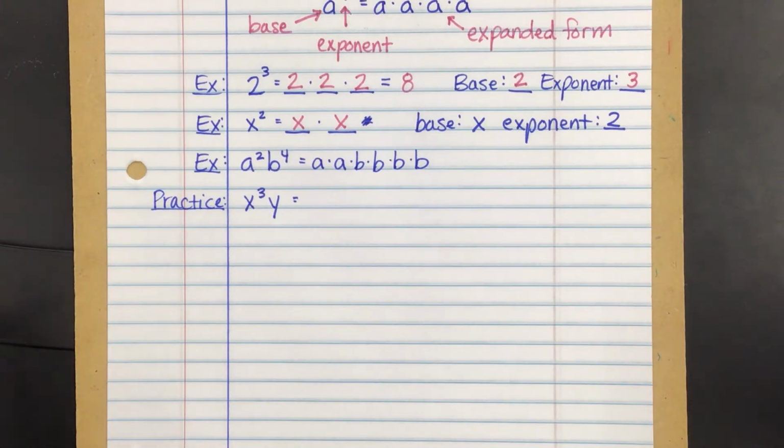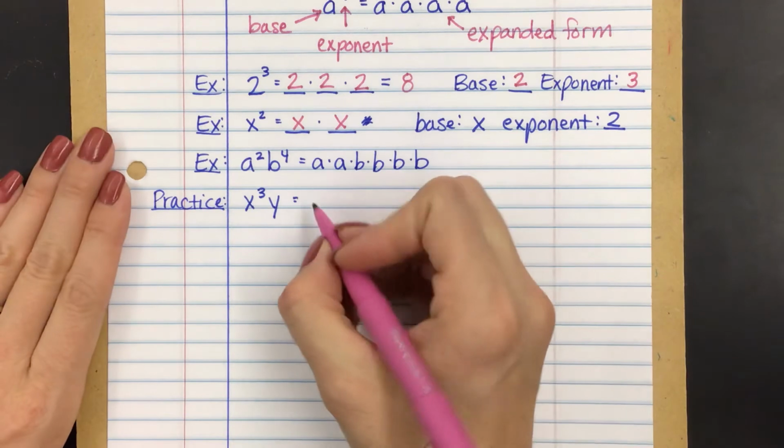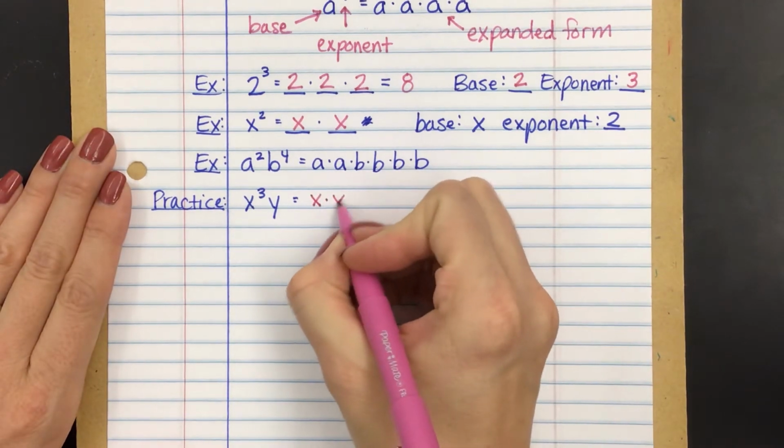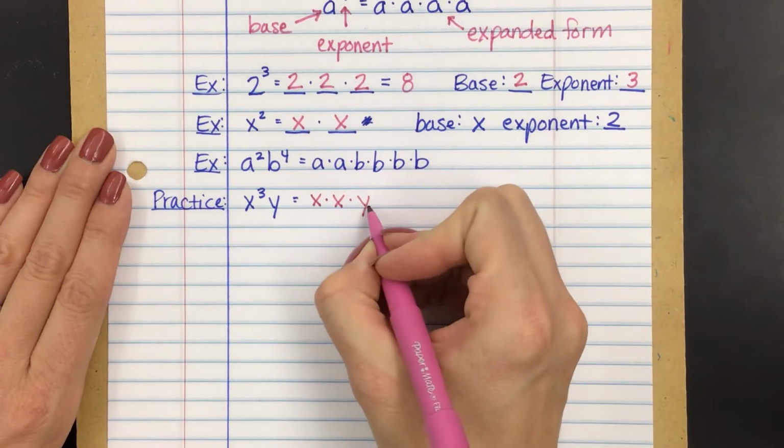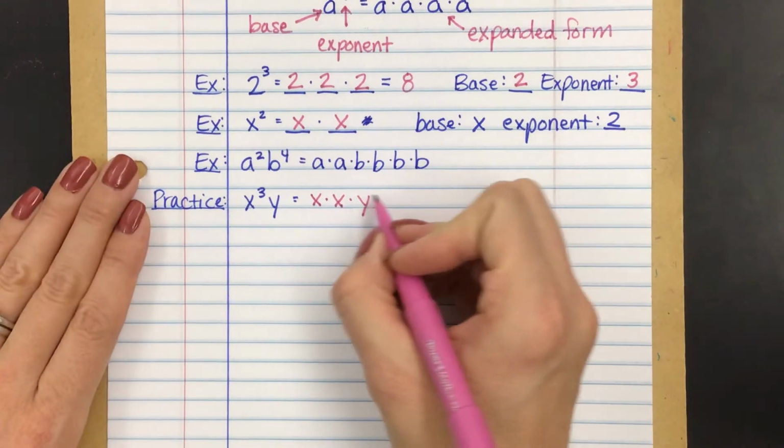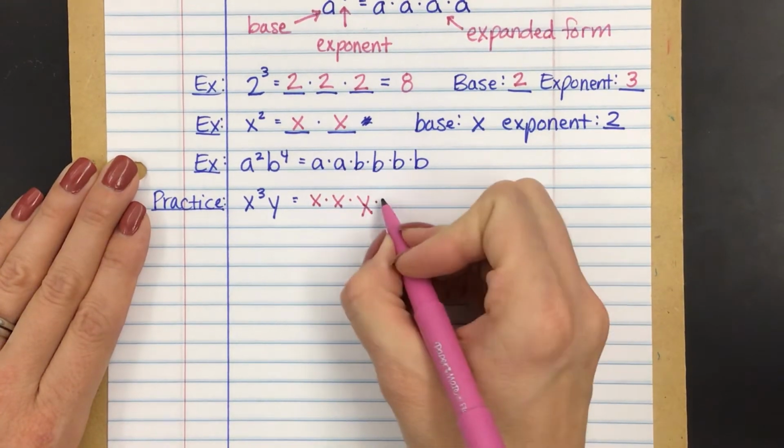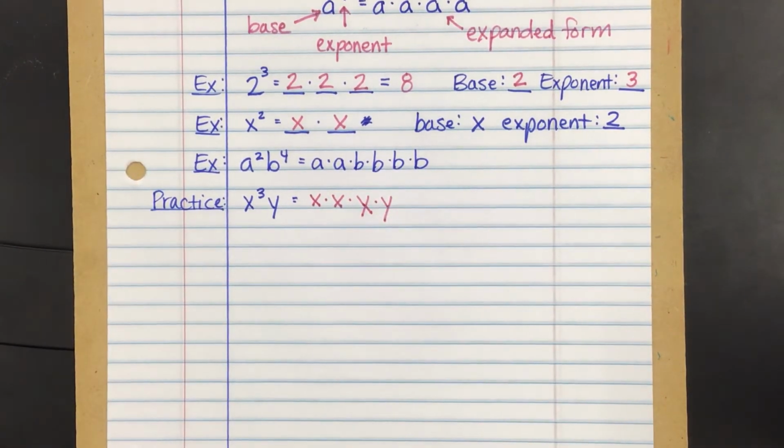Does anyone want to tell me what they got? Go ahead, Sophie. X times x times x times y. Oh, I got ahead of myself. We'll make that an x times y. Good. So you have x times x times x times y. So whenever you don't have an exponent on a number, we always just assume that it's an exponent of 1, meaning it's just itself. Okay.